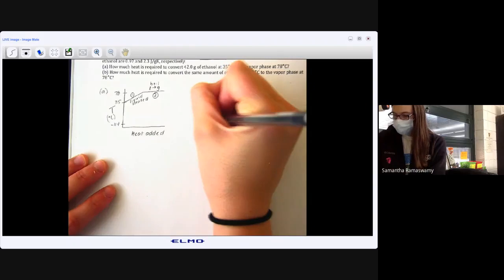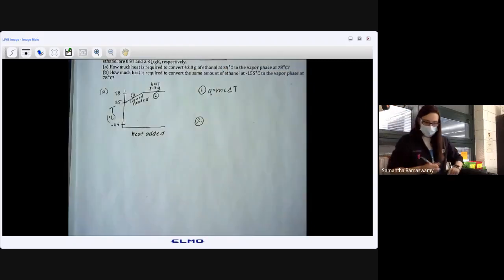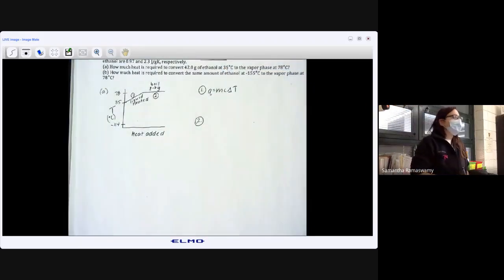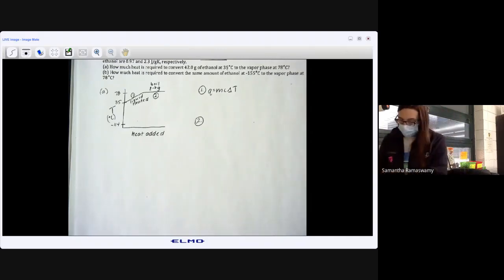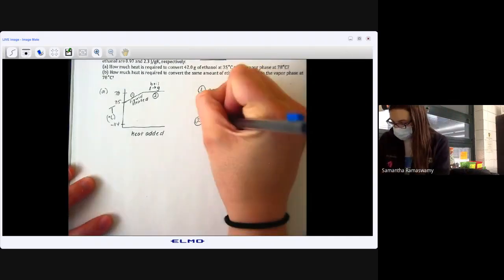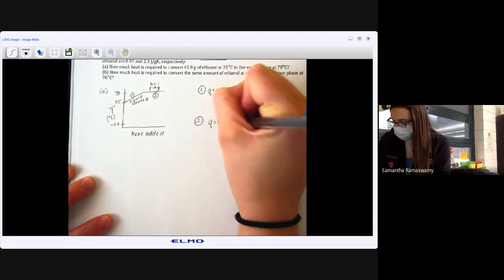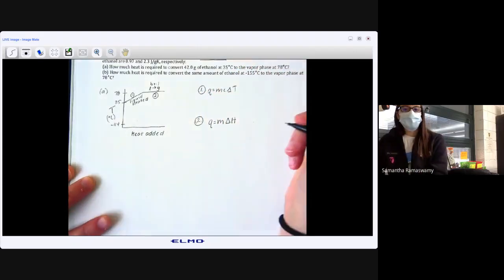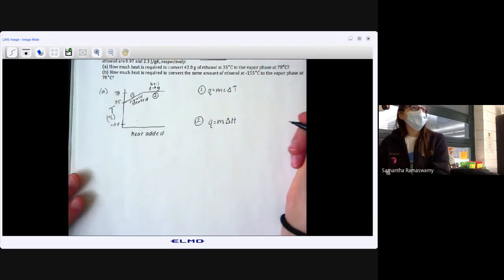For area number 2, we don't have a change in temperature. The temperature is remaining, in this case, at 78 degrees the entire time. So we're going to use Q equals M times delta H. And the delta H that you use is based on whether it's boiling or melting.